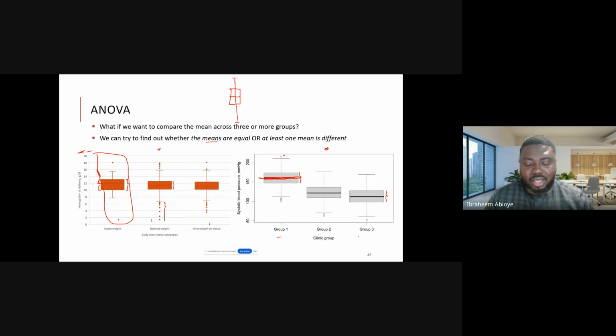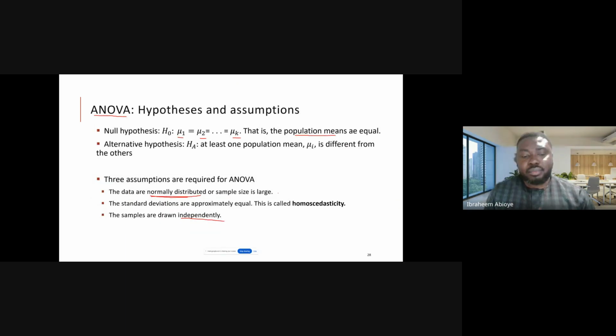And the third, which is probably the most important one, is that the samples are drawn independently. Okay, I think someone's hand is up. Question.